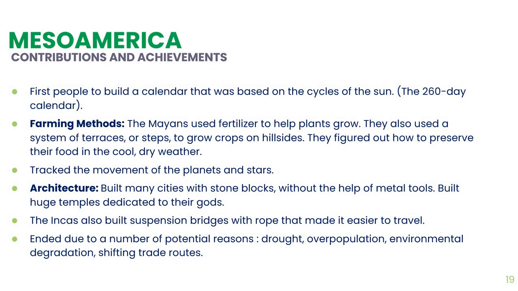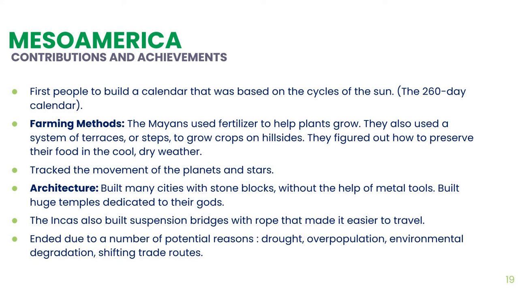Okay, now these are the contributions and the achievements of the Mesoamericans. So they were the first people to build a calendar that was based on the cycles of the sun. Pero of course, since hindi ganun ka-advanced ang kanilang science, they were just tracking the movement of planets and stars. They came up with a 260-day calendar.